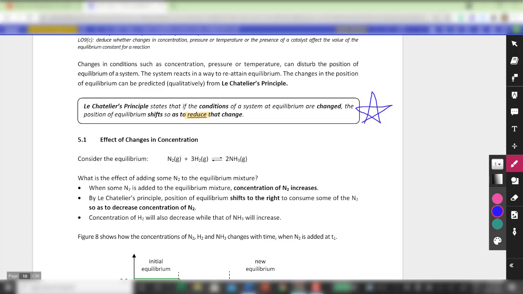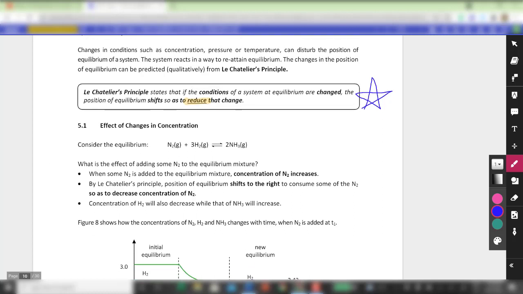So don't use the wrong term if you are ever asked this in assessment. Many students, when they write fast, tend to say it removes the change. It doesn't remove the change, because if it did, the equilibrium constant would not remain a constant value.